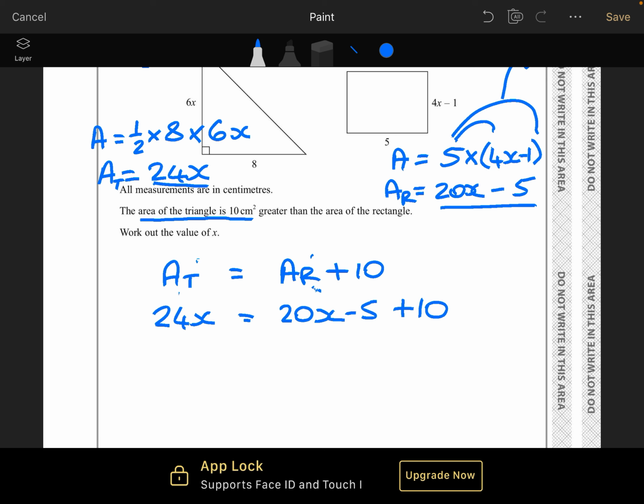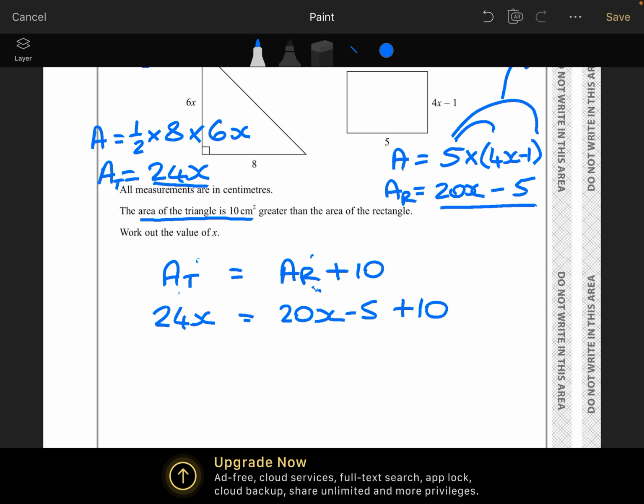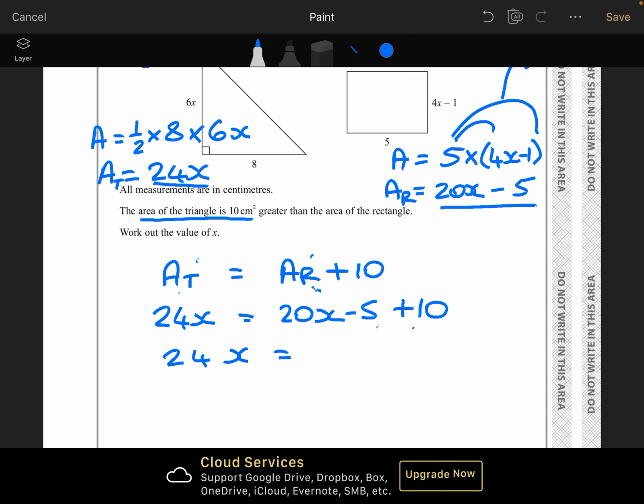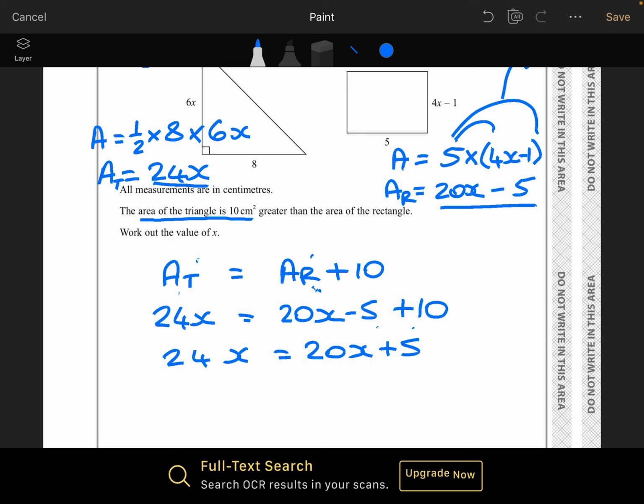Now I've got to try and solve that equation. First of all, I'm going to tidy it up a little bit, because I can deal with a negative 5 and 10. So 24x is equal to 20x minus 5 plus 10, which is plus 5. I'm going to take the x's all to the left hand side.